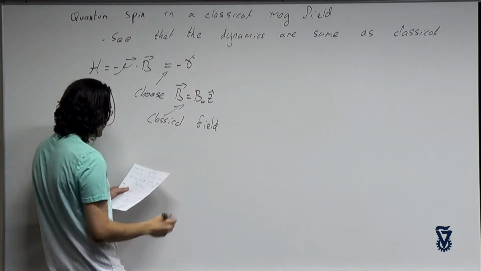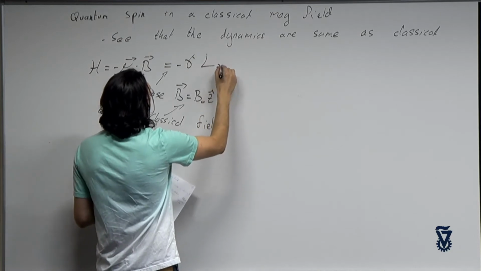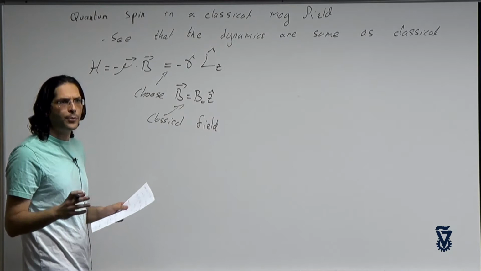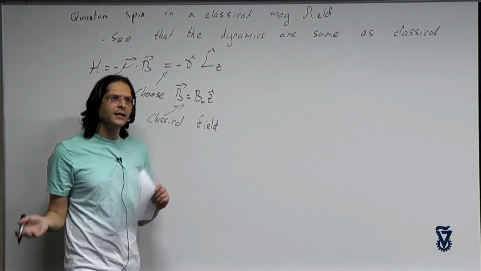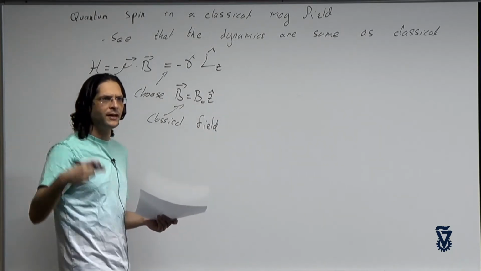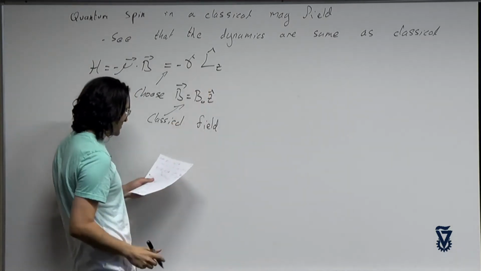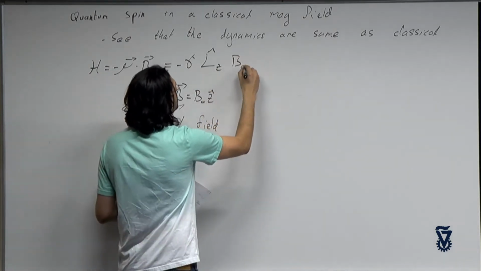And so we get minus gamma LZ. This is our angular momentum operator. That's how we go from classical to quantum. We put hats on things and they become quantum. Okay, so there's LZ, B naught.